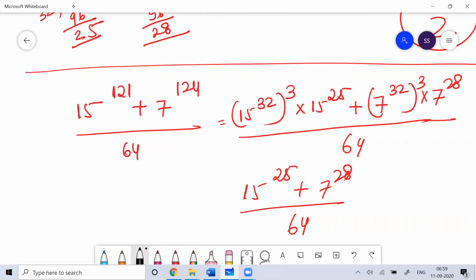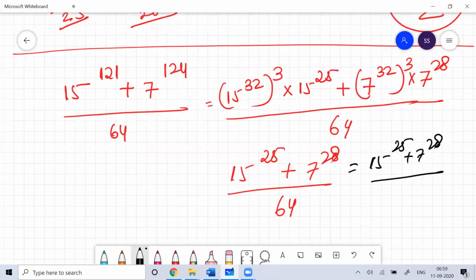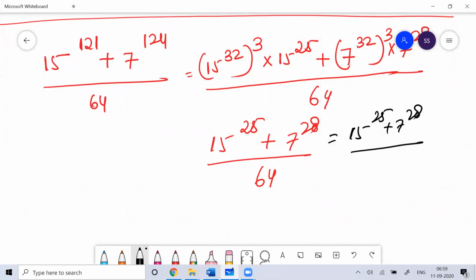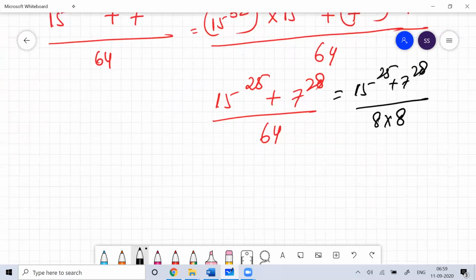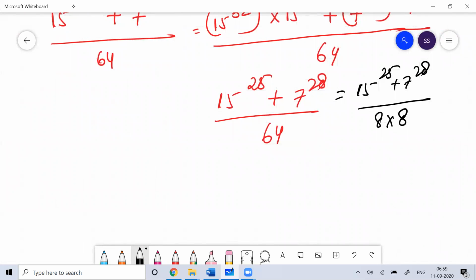For 15 to the power 25 plus 7 to the power 28, 64 I can write as 32 into 2, or 8 into 8, or 64 into 1, or 16 into 4, anything. So let's write 64 as 16 into 4. Okay, so let's find the remainder.